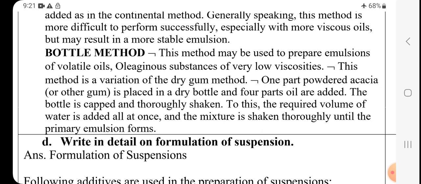Then the bottle is closed with the cap and thoroughly shaken, so that the oil and gum are mixed with each other. After proper mixing, the required volume of water is added all at once, and the mixture is shaken thoroughly until the primary emulsion is formed.